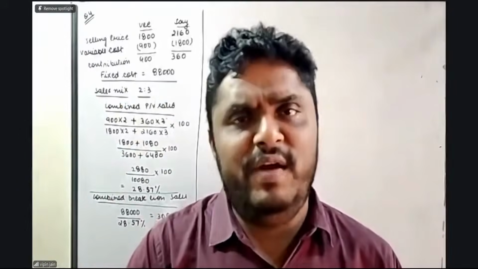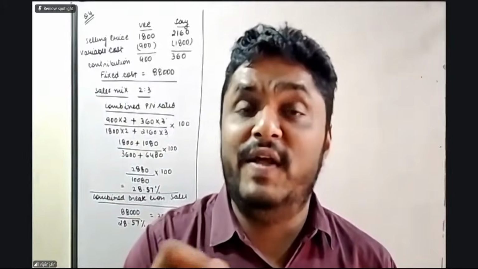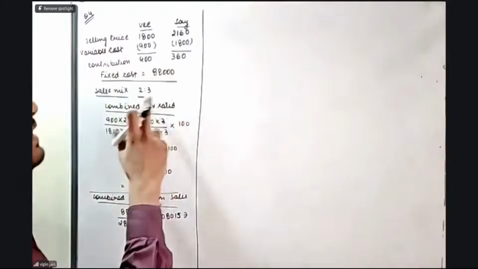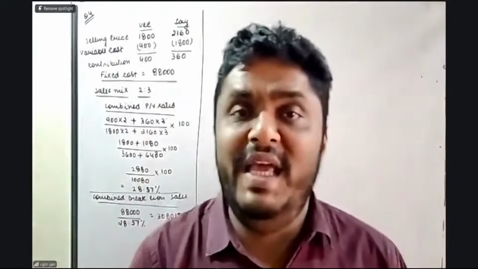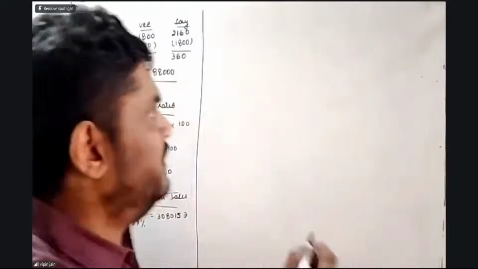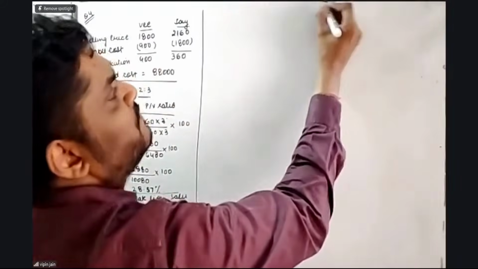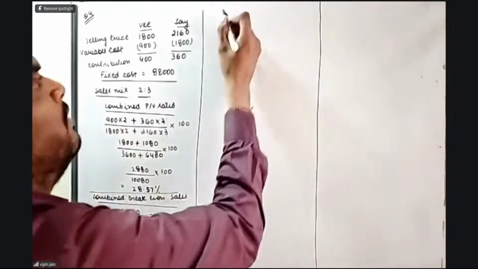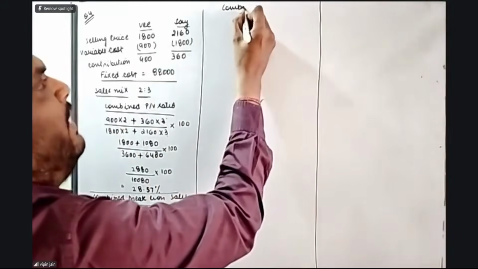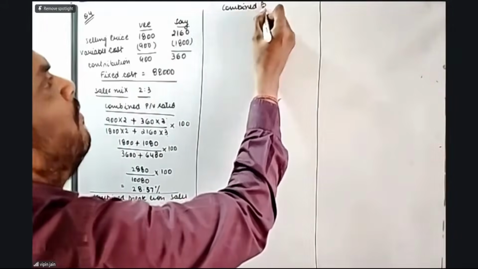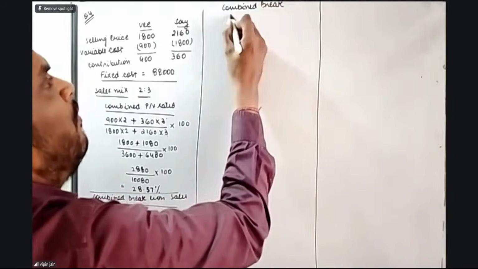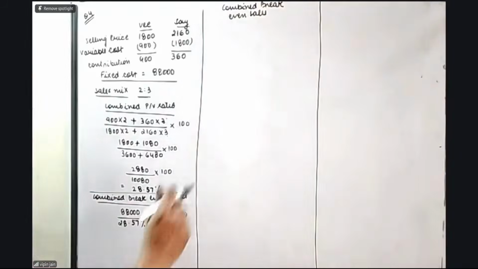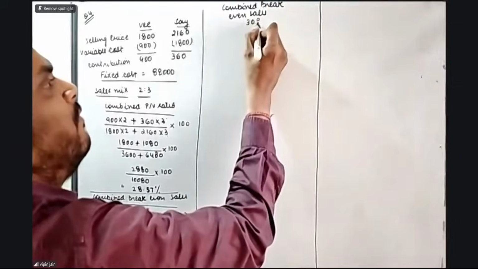But now let's proceed further, wherein what if the question asks you to calculate break-even sales separately for V and J? How to calculate the break-even sales separately for V and J? So see, we have the combined 308015.